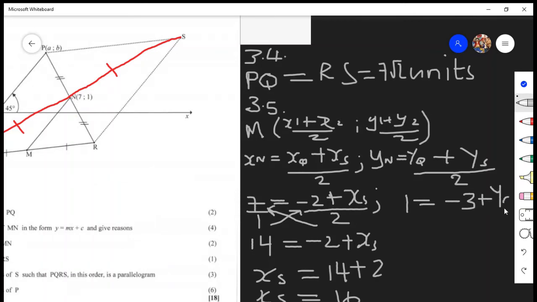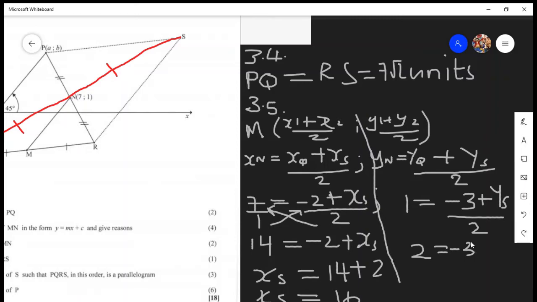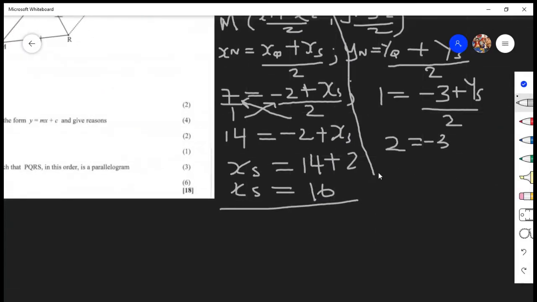Now we can cross multiply again, and we would have 2 is equal to -3 plus ys.